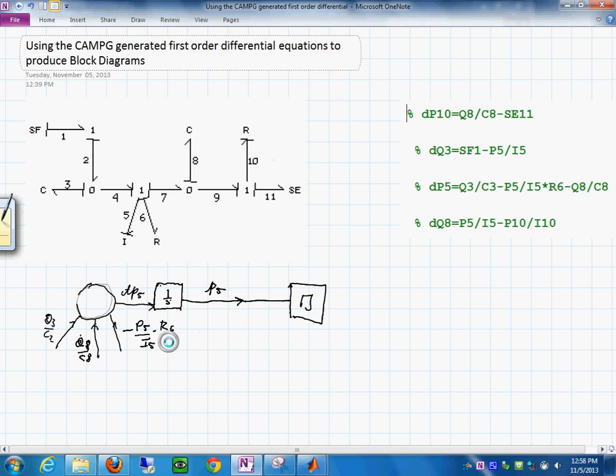And you can see here p sub 5, and here it gets multiplied by r6 over I sub 5, and if you join it here, this of course is a minus, and this a plus and a plus. We have drawn this equation here.